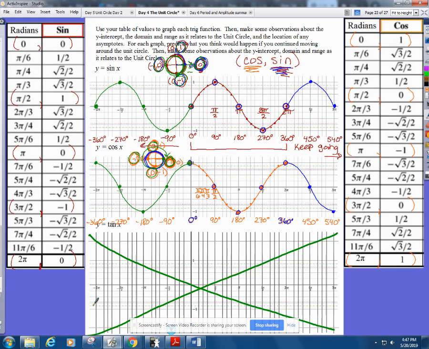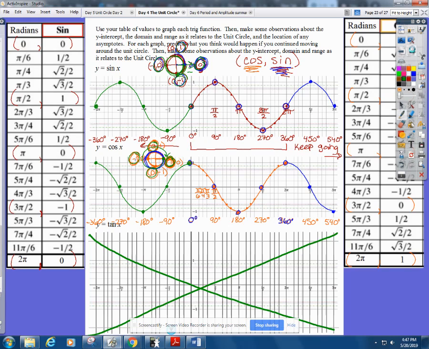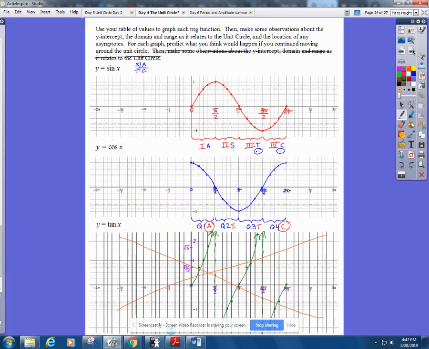Let's look at these graphs one more time now that you kind of understand it, and we'll analyze a couple more things. Okay, so back to just the sine and cosine curve.